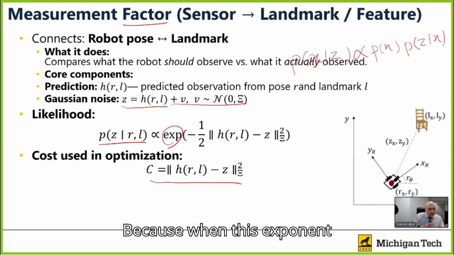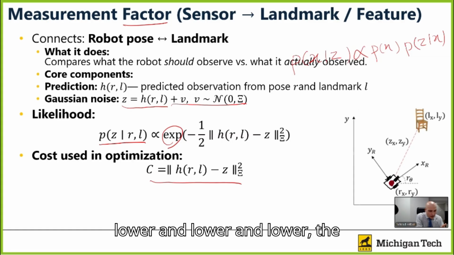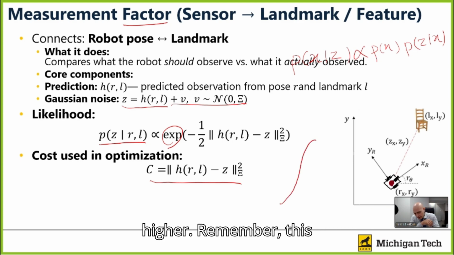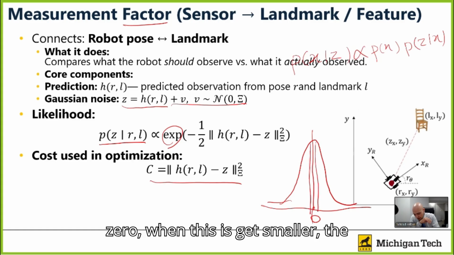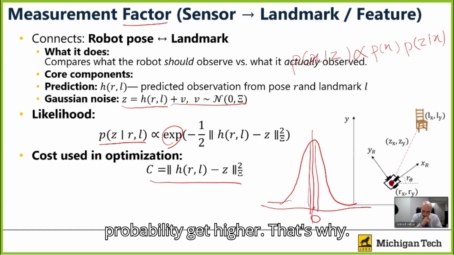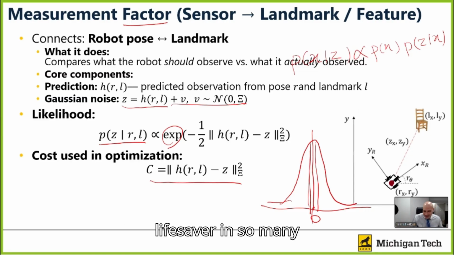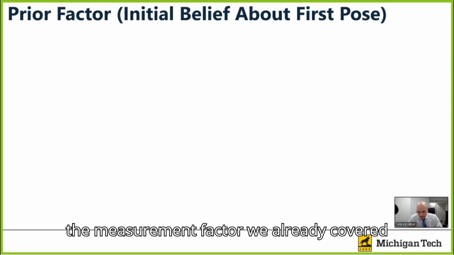Because when this exponent part gets smaller and smaller, it means the cost gets lower and lower, and the probability gets higher and higher. Remember, this is how it works. When this gets smaller, the probability gets higher. That's why exponential family is a lifesaver in so many cases, including here. Okay, so that was the measurement factor we already covered last class.